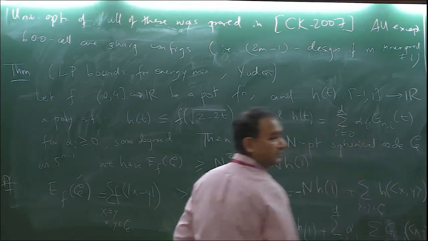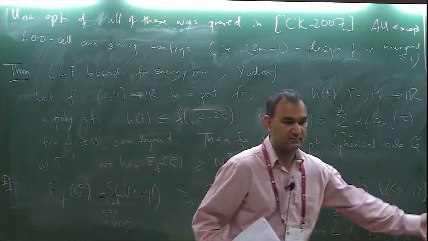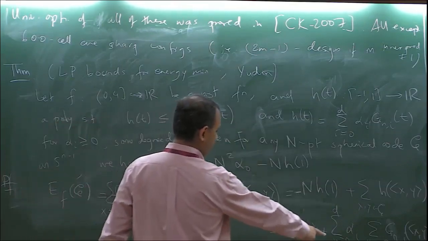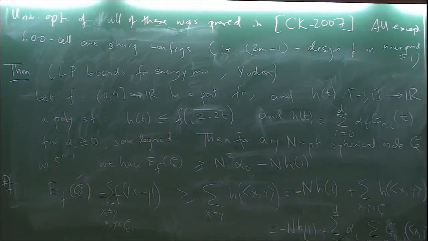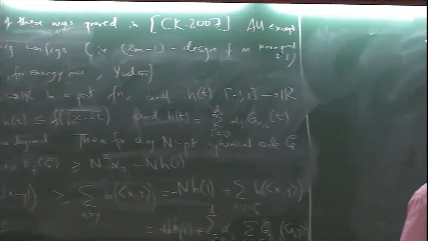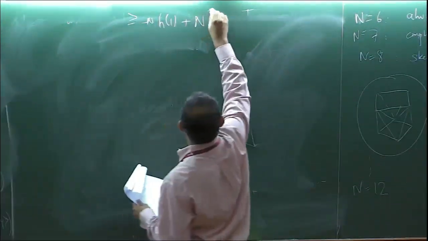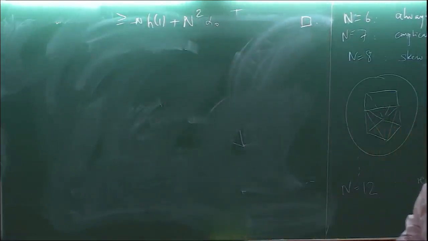Okay, and the point is each of these things, because you have positive definite kernels, is non-negative, so it's bounded by the i equals 0 term, and for i equals 0, the Gegenbauer polynomial is 1, so you get n squared times alpha 0. Okay, so this is at least n squared alpha 0 minus n h of 1. That's it.